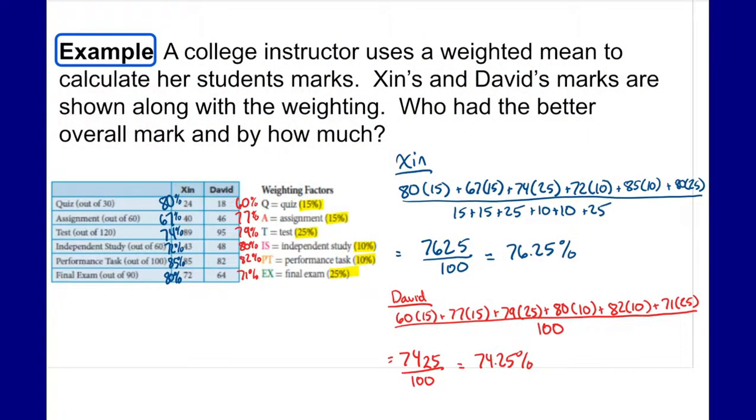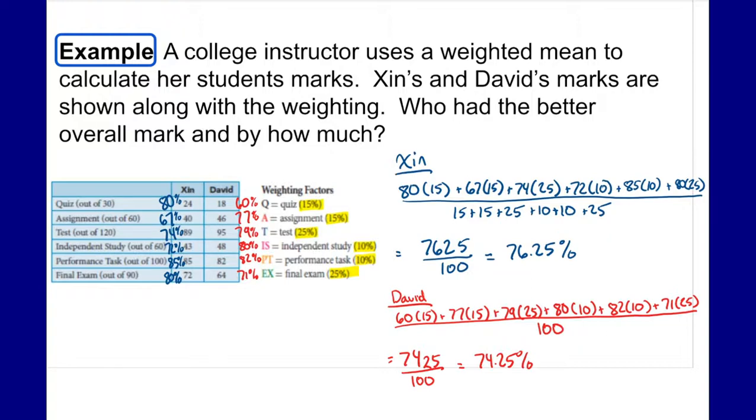So coming back, looking at David, again, we had to find the specific percent for each section. So 18 divided by 30 gave us 60%, and so on. Then we took each of those percents, multiplied it by the weight factor, and then divided it by the total sum of weight factors, which was the same as the previous one, which would be 100.